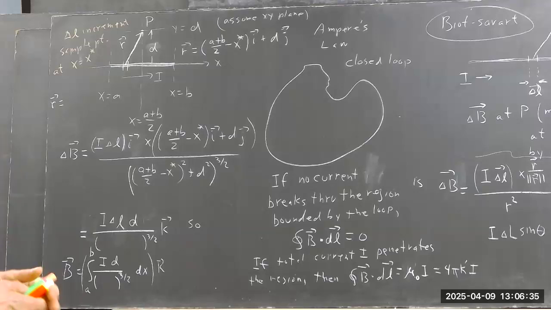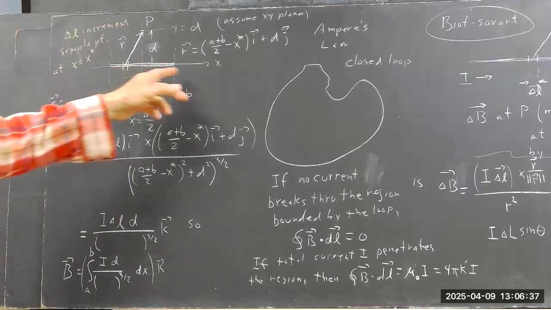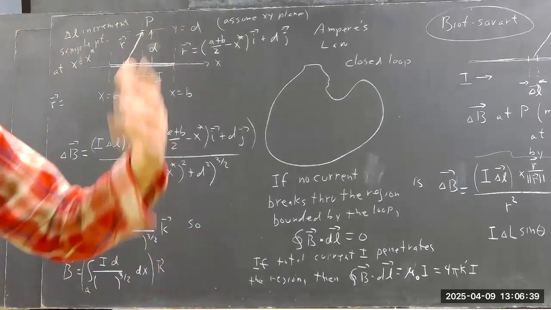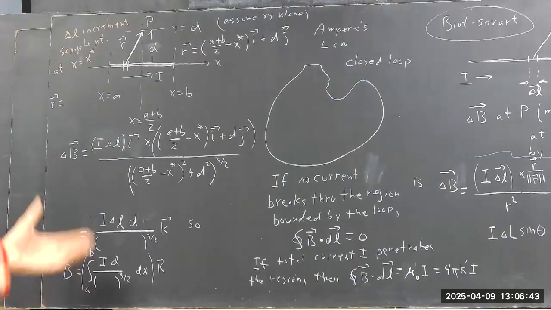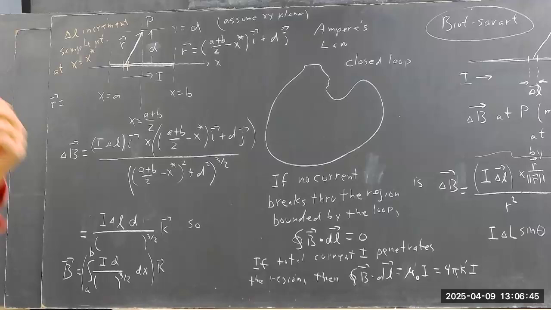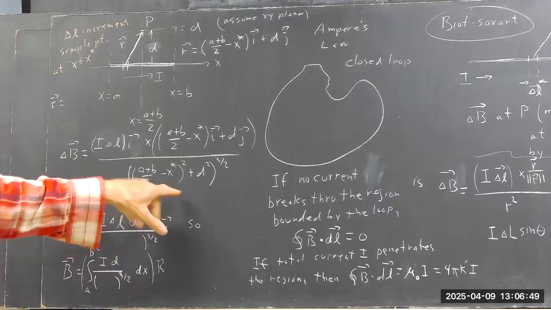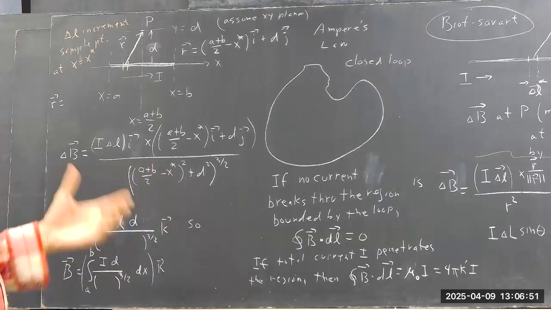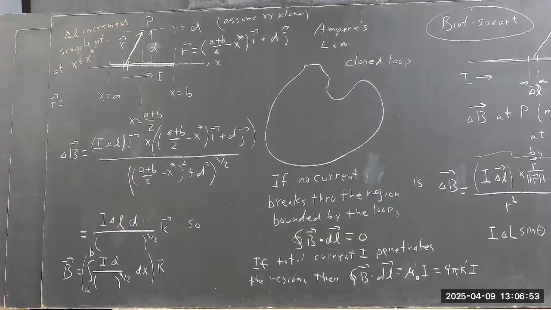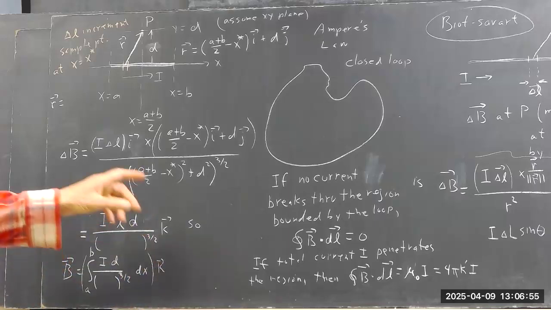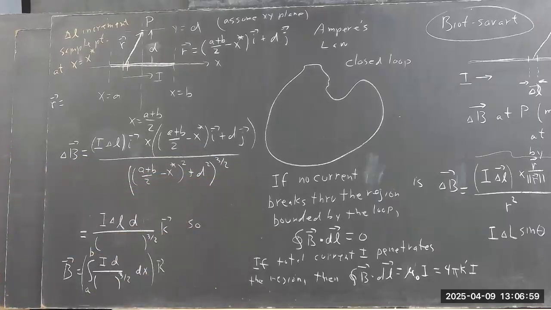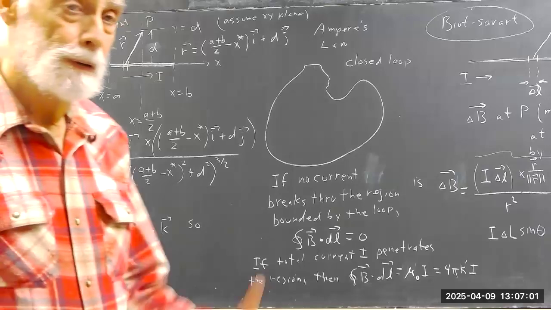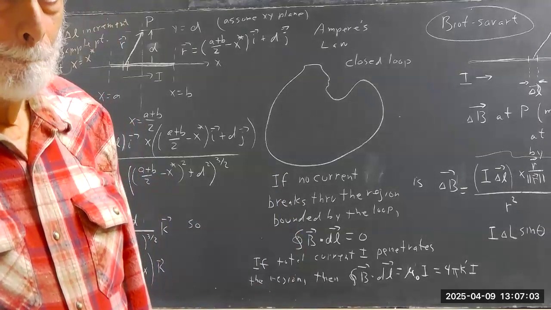Now, usually it's going to be from 0 to some limit, 0 to L or whatever. But that's how you do the integrals. And usually the denominators will be a little simpler than that, but it's going to come down to the same thing. You're going to have a quadratic expression to the 3/2 power in your denominator. And you deal with that. Okay.